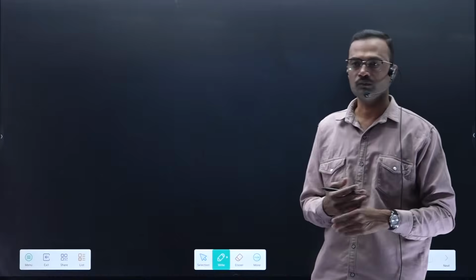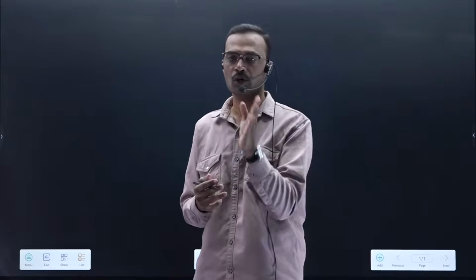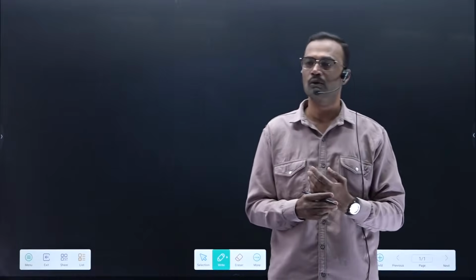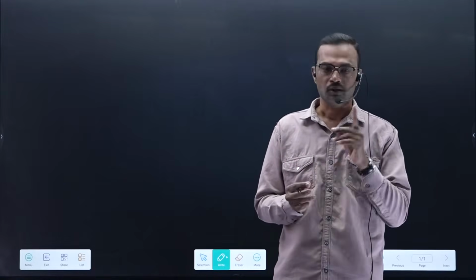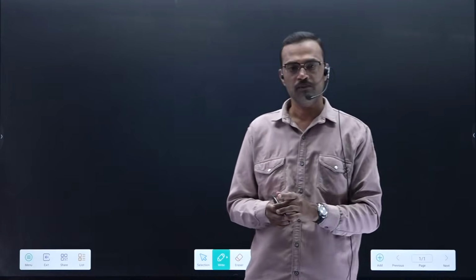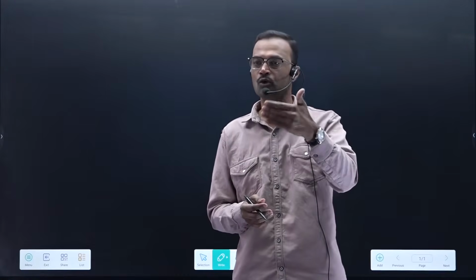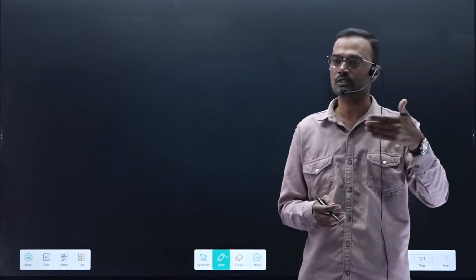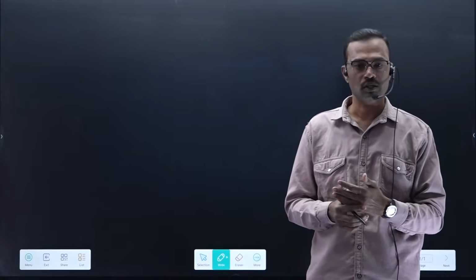Later on we introduced the term molecular ion. So what is the difference between molecular and molecular ion? Can you show some difference? Yes, only one electron differs between molecular and molecular ion. The amount of energy required to remove one electron from any gaseous atom or molecule is nothing but ionization energy.